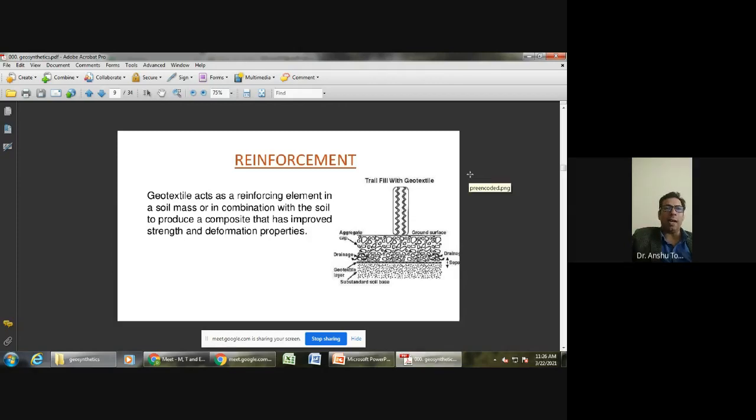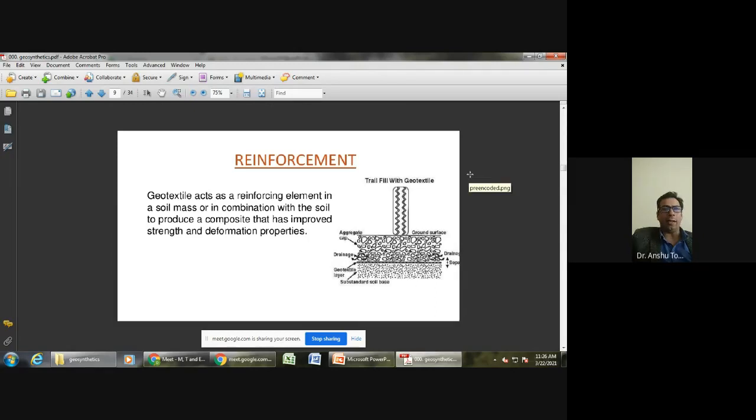But the only thing is that the stiffness of the geotextile which you are using should be known to you. That should be a properly designed use. It is not that you picked up any geotextile from the market, you felt that this geotextile will benefit my pavement, and you have applied it.